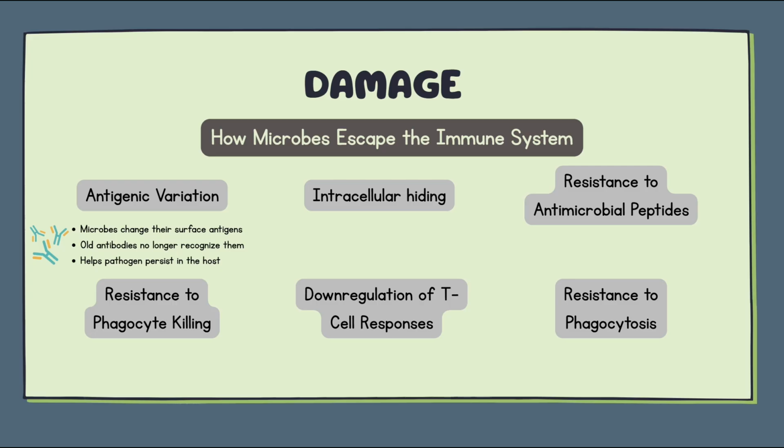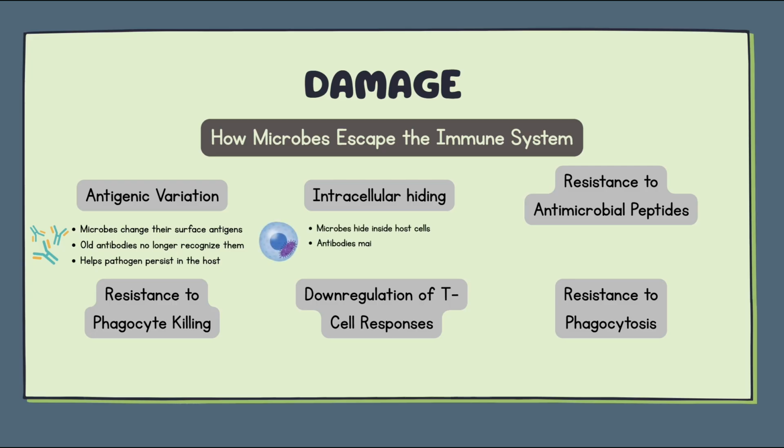So basically, the virus had an earlier form with a specific antigen. The immune system recognized that, created antibodies for it, and then the virus went ahead and changed its surface antigens. So now the antibodies created by the immune system cannot fight it because they don't recognize these new antigens.